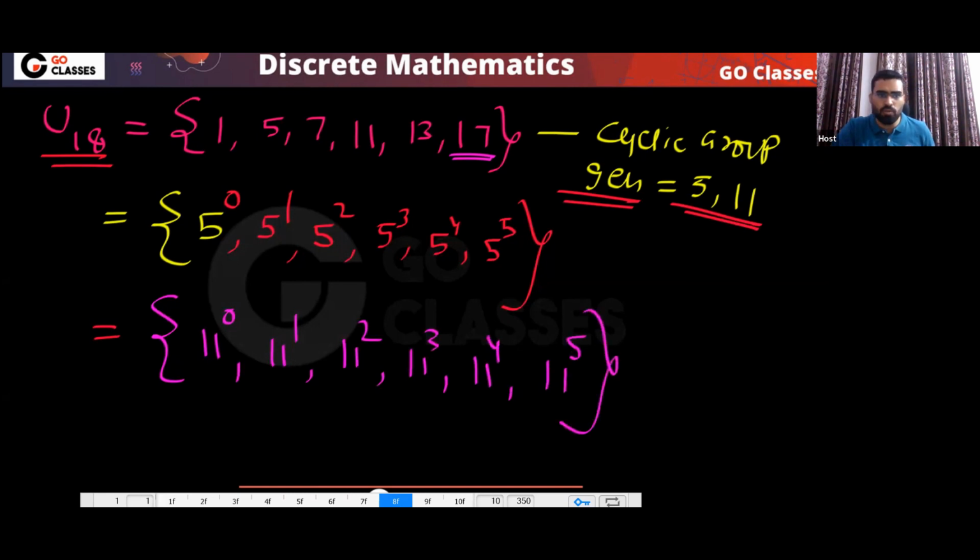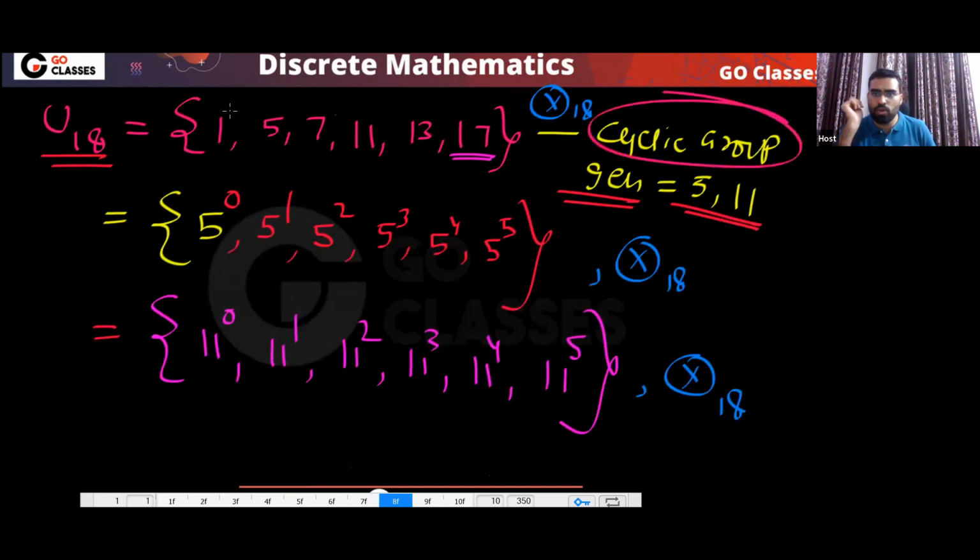So these are the 2 ways, and all of them are the same. Of course, the operation is the same, multiplication modulo 18. This is an important thing that I want to tell you: because this U18 is a cyclic group, you can write this U18 like this.